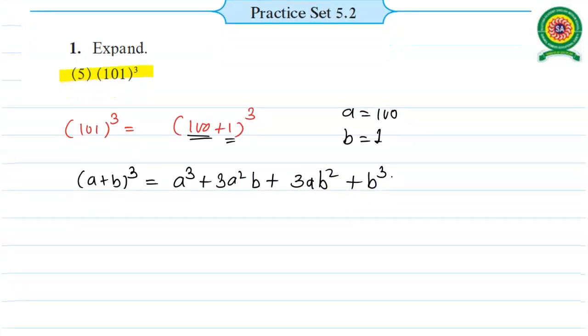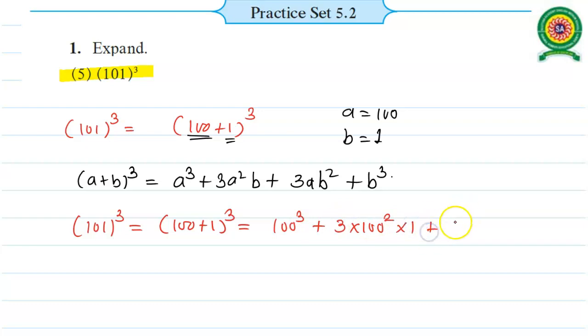Let's try to replace a and b by their values, so that now we are having 101 the whole cube equals (100 plus 1) the whole cube, so that we are getting 100 cube plus 3 into 100 square into 1 plus 3 into 100 into 1 square plus b cube, means we have now 1 cube.